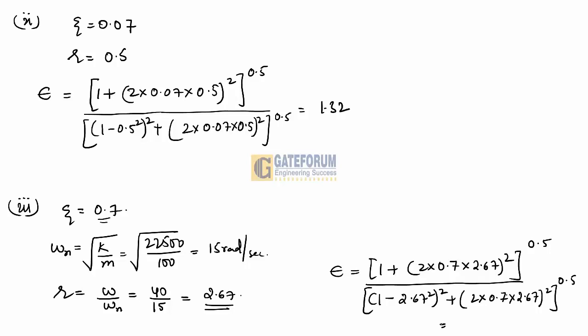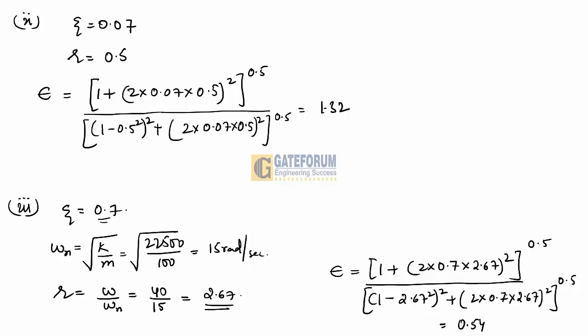So for number 3, the transmissibility is equal to 0.54, for the combination of zeta equal to 0.7 and r equal to 2.67.